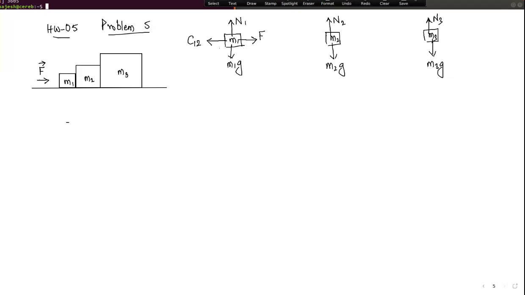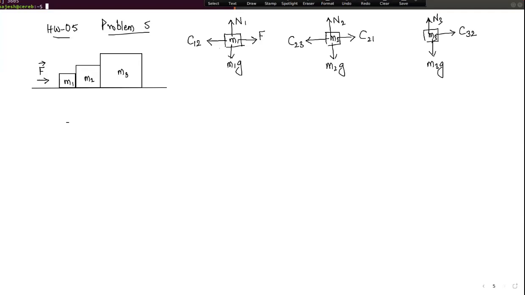But due to Newton's third law, M1 will exert an equal and opposite force on M2. So there will be a C21 acting on mass M2. The same thing happens at the interface of M2 and M3. M3 tries to push M2 with C23, and M2 pushes on M3 as per Newton's third law. That's C32. And magnitude wise, Cij is always equal to Cji.